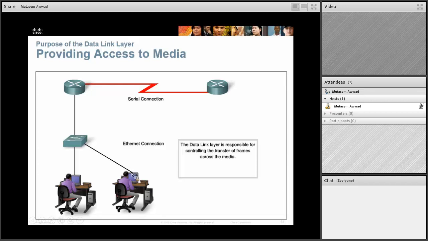So for example, I'll send out an Ethernet frame to the switch. The switch looks at the destination MAC address, and switches do not open the frames at all. They leave the frame intact and just send it to the router. It's the router that pulls the packet out of that frame and puts it into another frame so it can go outside. Okay?